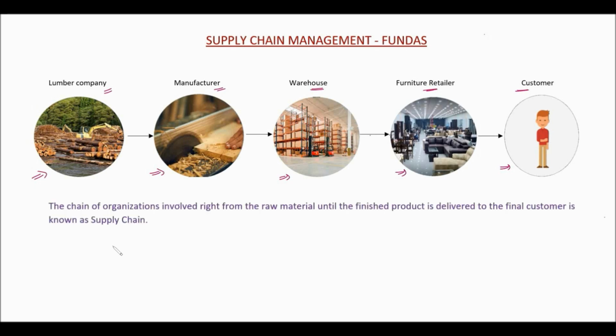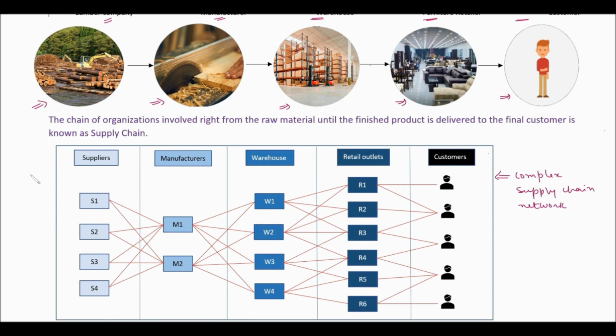The management of supply chain can become very complex depending on the type and complexity of the organization. Let's look at a complex supply chain network. So as you can see in this supply chain network, we have multiple suppliers, multiple manufacturers, warehouses, retail outlets, and customers.